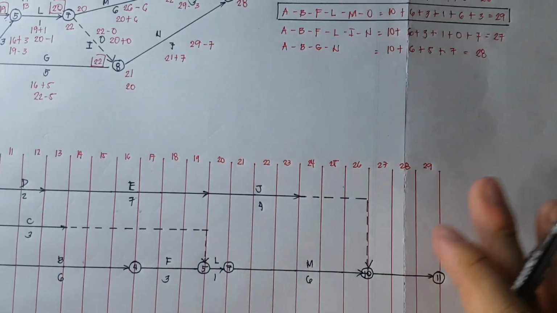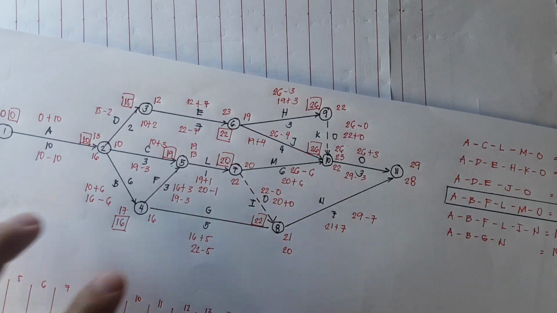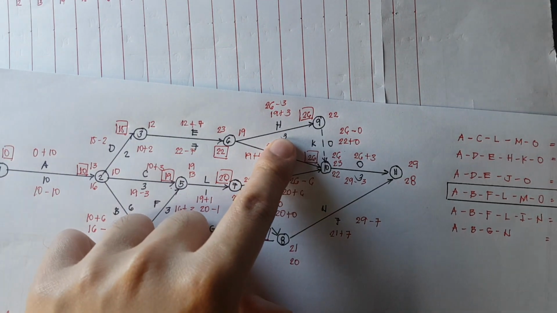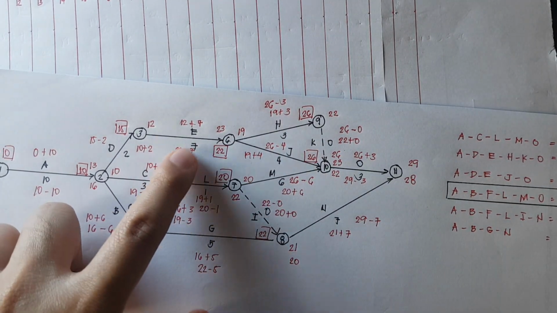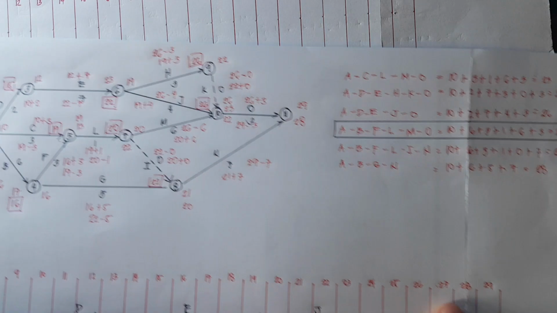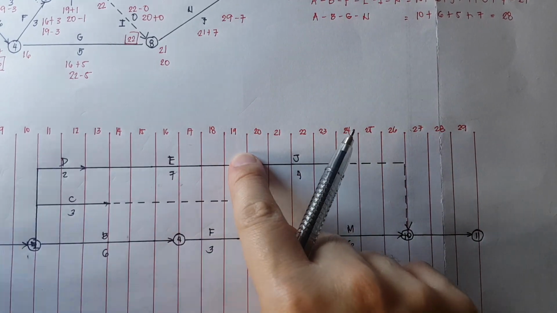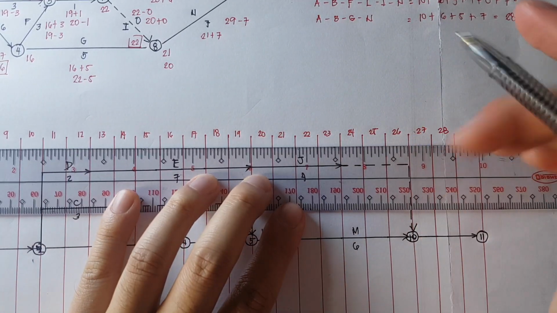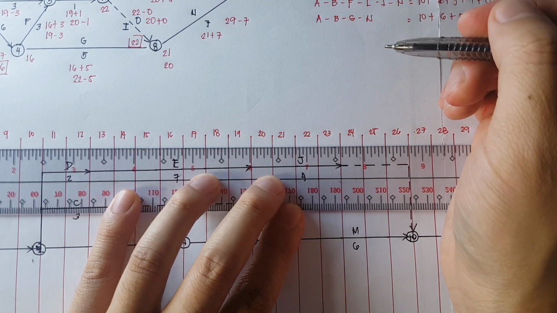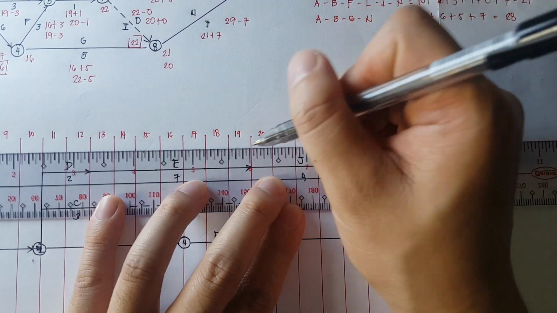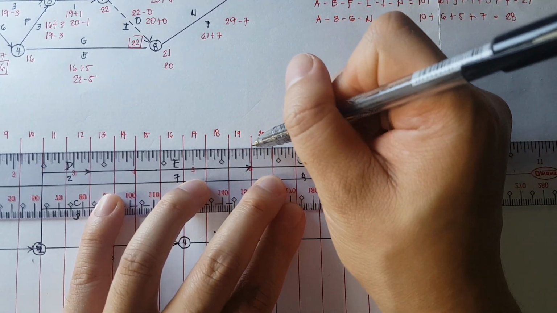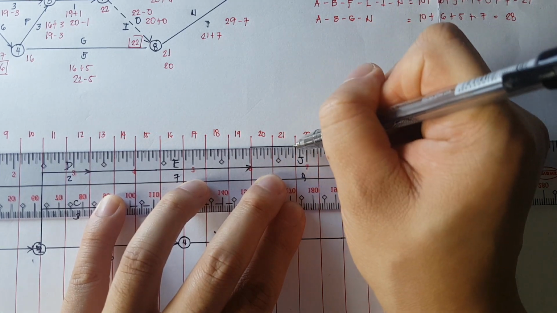Okay. Going back, activity H also is dependent on activity E. So we have here activity E. Activity H is dependent on activity E, and it is 3 days. So we have 1, 2, 3.